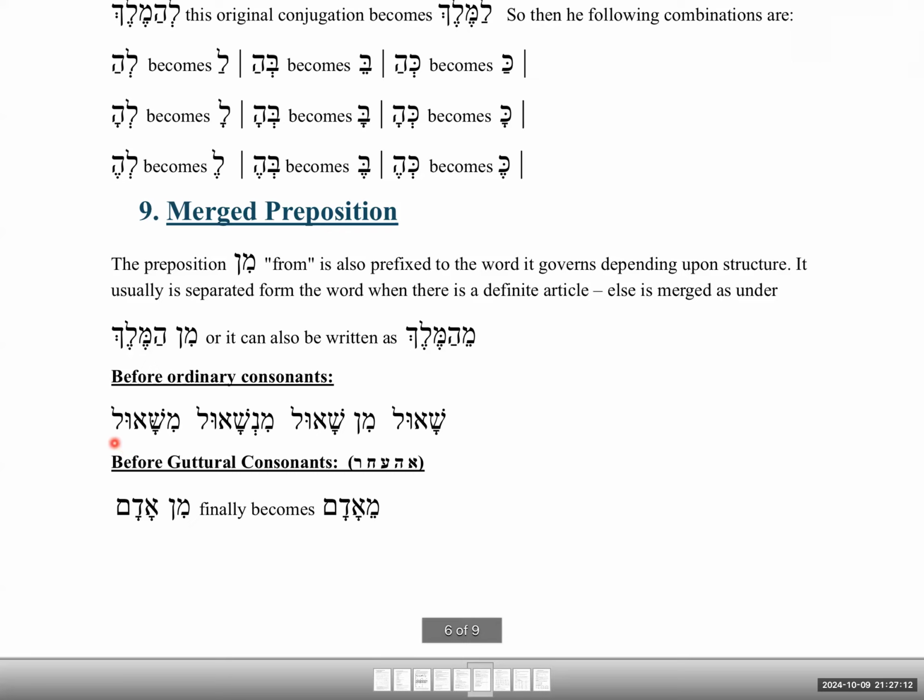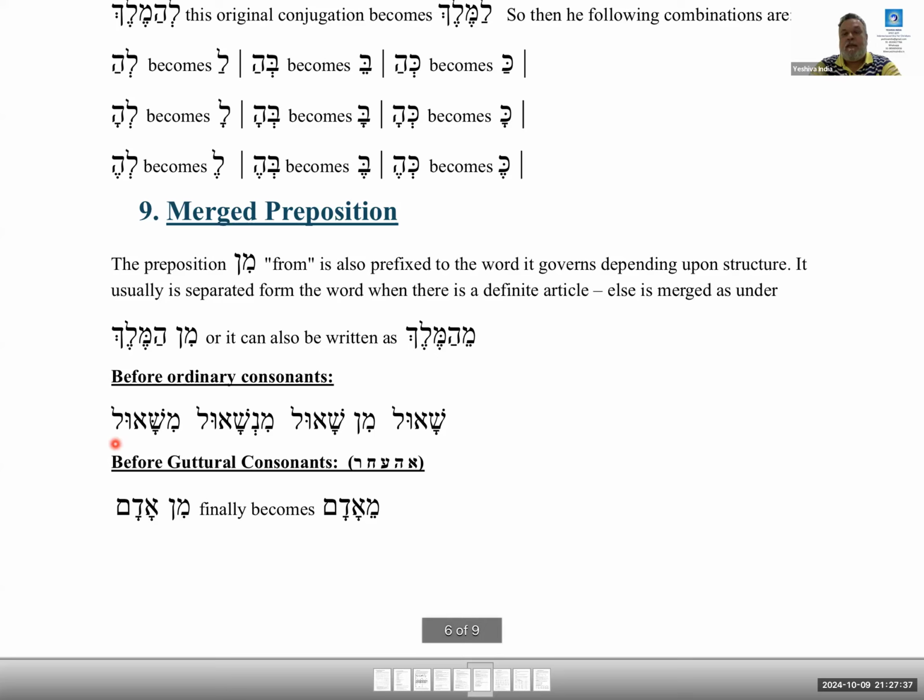Mishaul. I have a question. How did the shin suddenly get a dagesh? Because you're removing the nun from there, therefore, like the mem doubles, the shin also doubles. See, above the mem is also doubling, right?